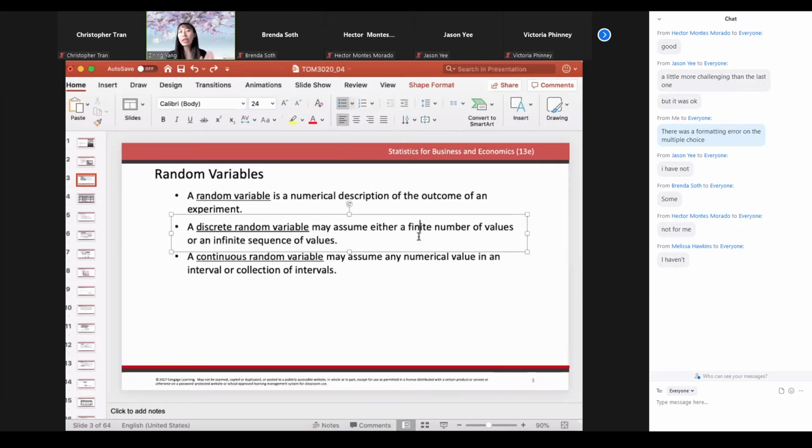The key difference is that a discrete random variable has values that you can't take or values that don't make sense at all, but for a continuous random variable, there are no limits or constraints on what value you can take.